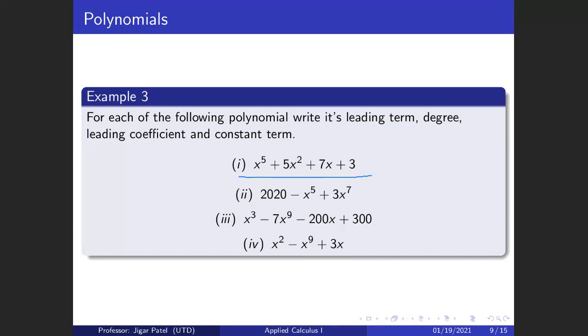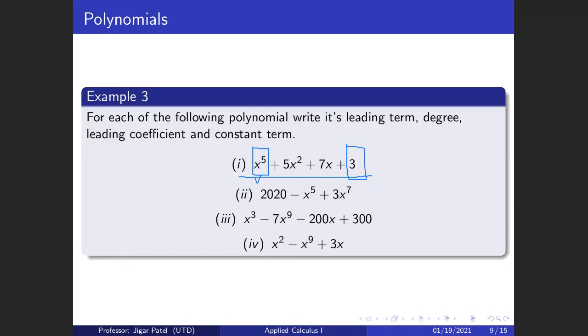The highest x power term in this polynomial is this x to the power 5. This is the leading term. All right, what is the constant term? Well, constant term is 3. Okay, all right, from the leading term, what is the leading coefficient?